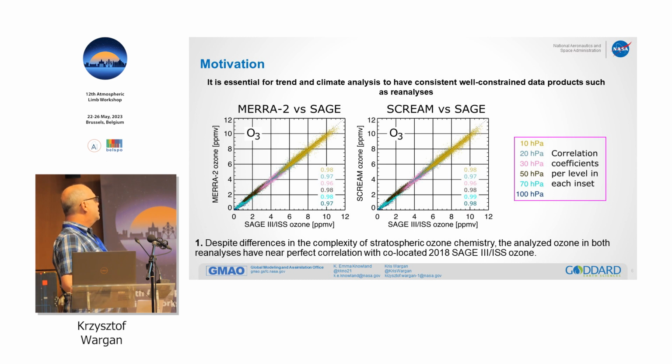And this is ozone, SAGE observations compared with MERRA-2 ozone at selected levels in the stratosphere, basically a scatter plot. And it's a very, very good agreement here. This is the type of thing that we like to see in those cases. Likewise, MERRA-2 SCREAM ozone compares with SAGE equally well. Not surprisingly, both systems assimilate MLS data.